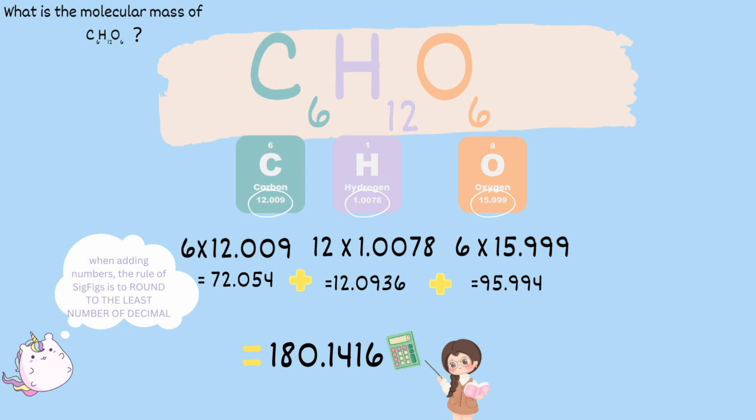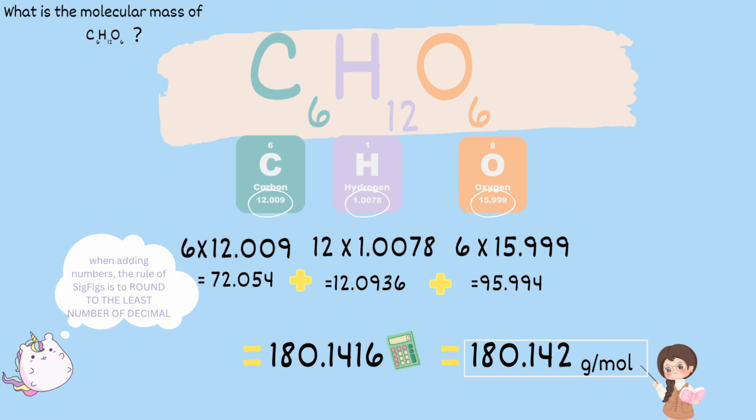So 0.054, 0.0936, and 0.994 seems like 3 digits is the least after the decimal point. So our answer will only have 3 digits after the decimal point. And that's the correct number of sig figs. So we're going to round up to 180.142 grams per mole, and that's our answer.